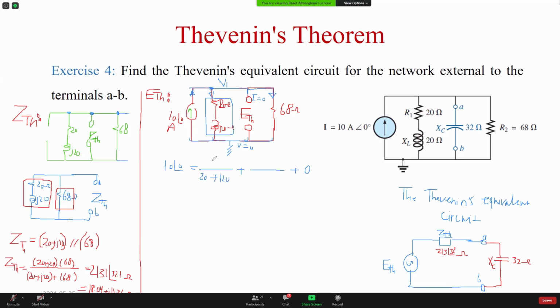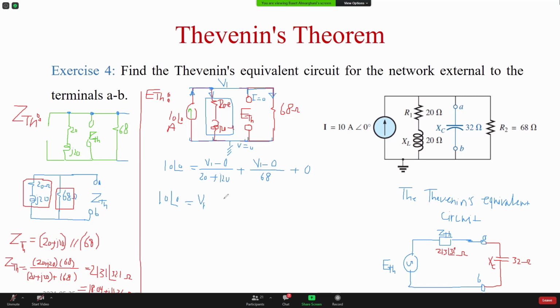And the voltage across it, from one side is V1, from the other side is 0. Then the 68 ohm, the current going through it is the voltage across it divided by the impedance. So the voltage across it, from one side it's V1, from the other side is 0. So this is 10 angle 0. You can take V1 as a common factor.